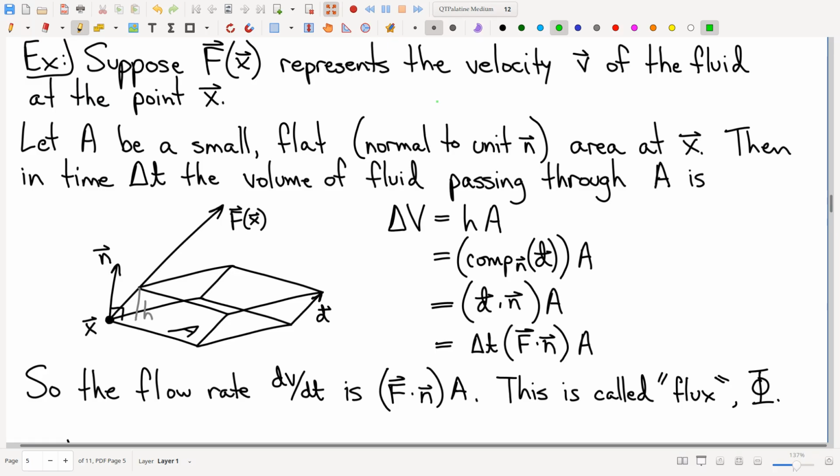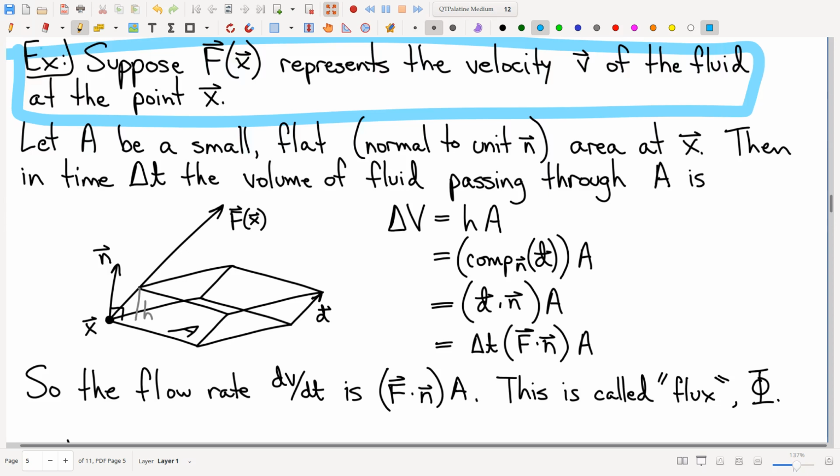So here's the question. We're going to start with, suppose we have a vector field representing velocity of a fluid. So we talked about vector fields representing fluids. Specifically, the field vector is the velocity of the fluid wherever you're looking, whatever point you're putting in. Okay.